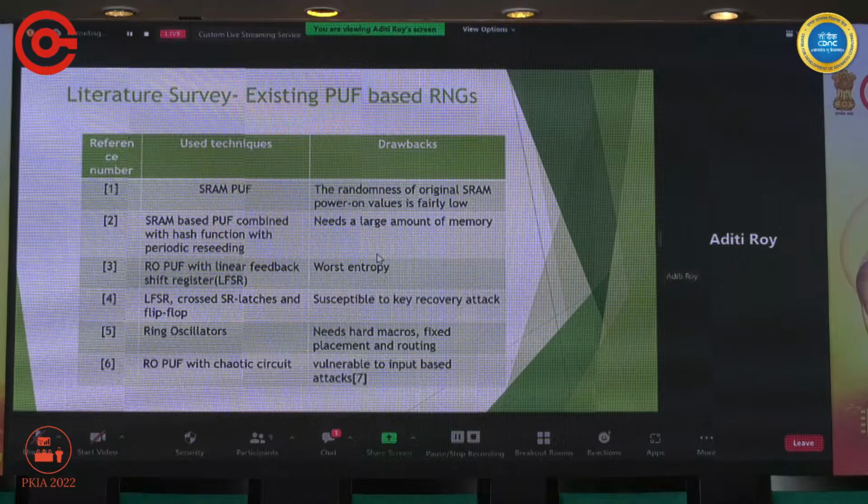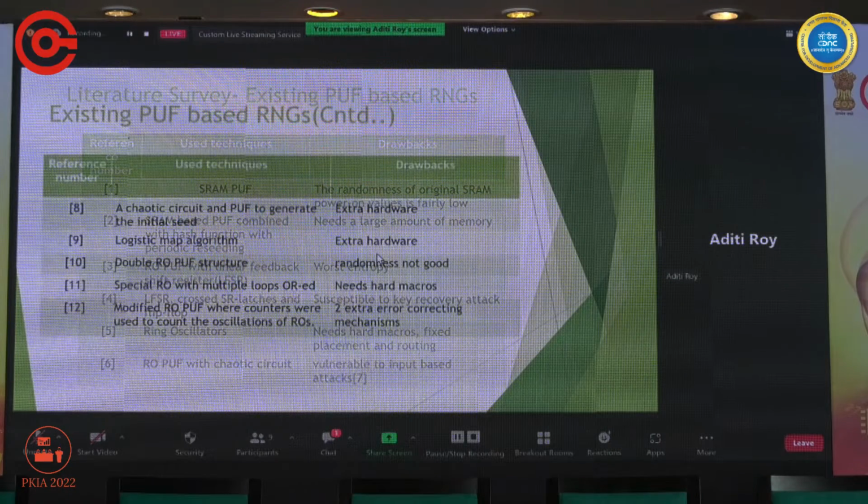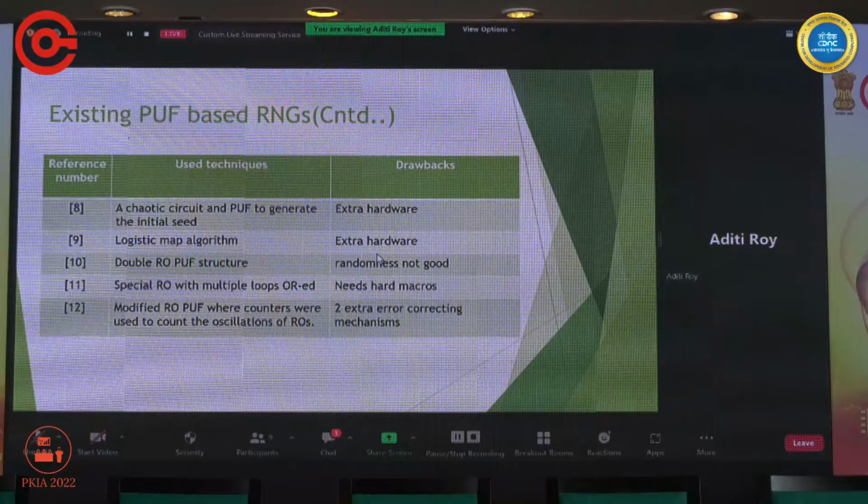RO-PUF with chaotic circuits is vulnerable to input-based attacks. That is shown in reference number 7. Then other references are again chaotic circuits with PUF to generate the initial state. Chaotic circuits are non-periodic oscillators that create a waveform that never repeats. So this technique, in combination with PUF, has the extra drawback of chaotic circuit implementation as it is analog based.